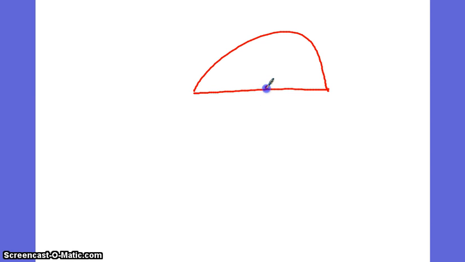So, let's try one more. What if you had a window? And this is the shape of your window, and I didn't draw that very well, but the radius is 36 inches. How many square feet is that window?